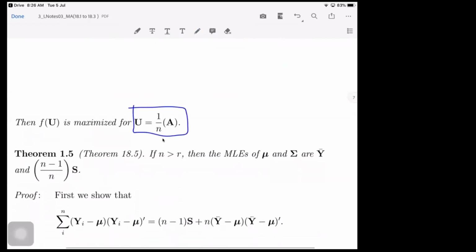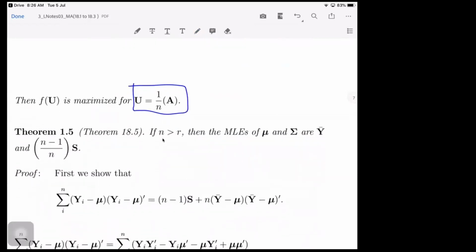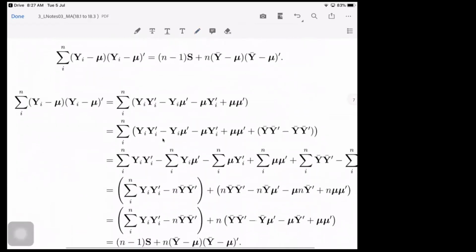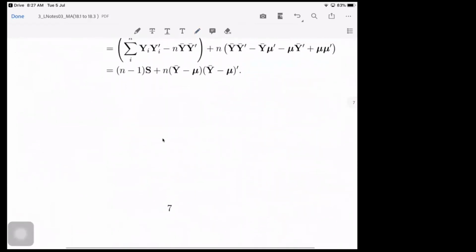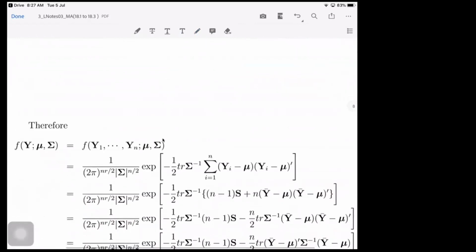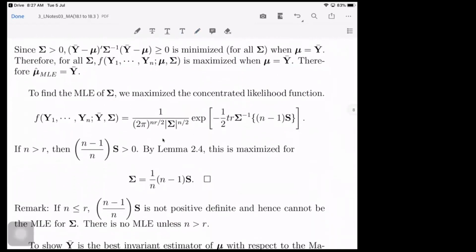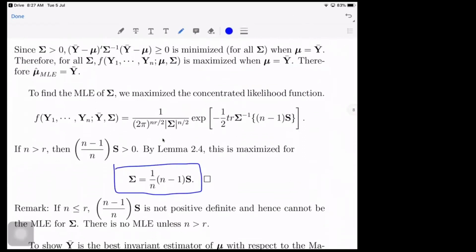So we saw last time that we use this to show where the joint density of the normal is maximized for the variance. So that's why the MLE for sigma is n minus 1 over n times S.